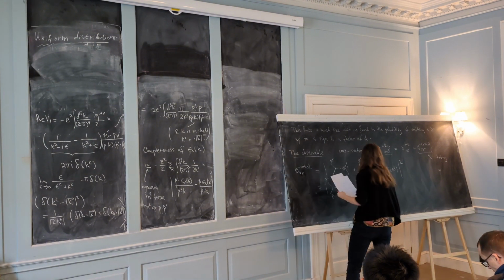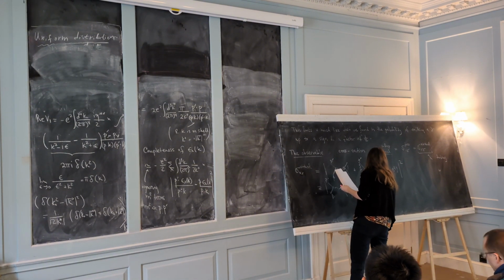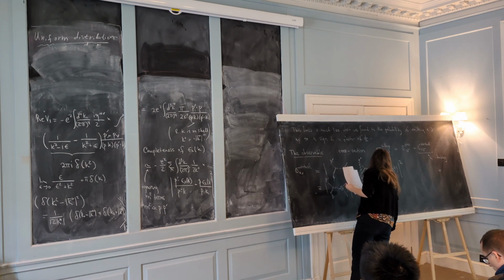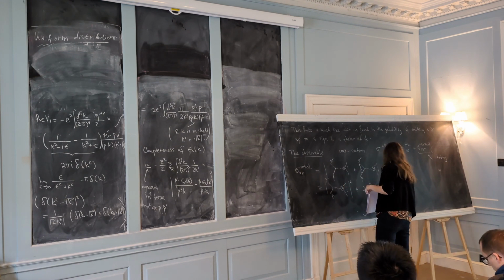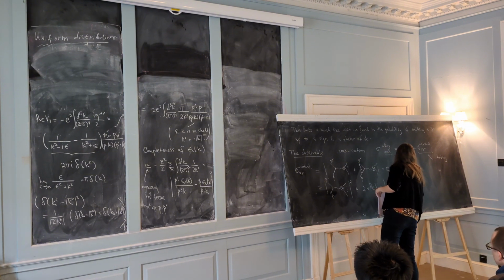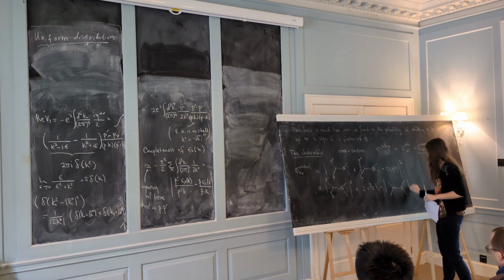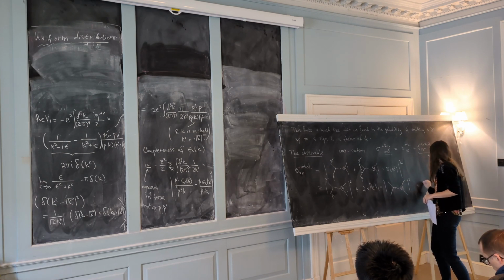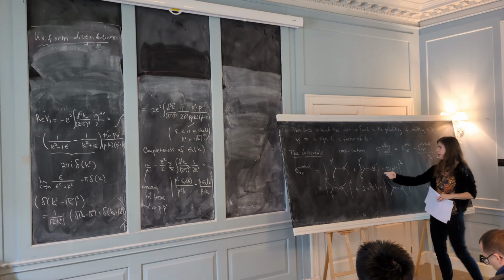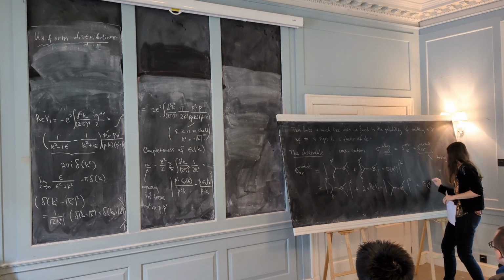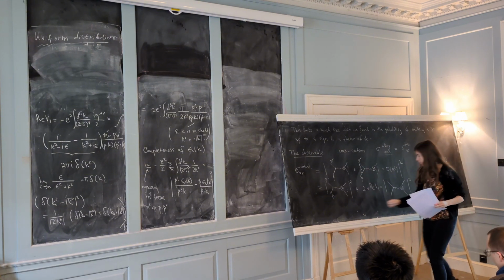You can think about it for a second: 2 times the real part of V1 times, again, the tree level bit. And then everything squared is going to be order e to the 4.